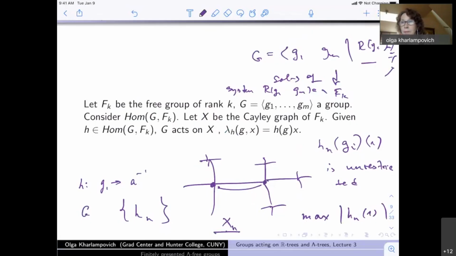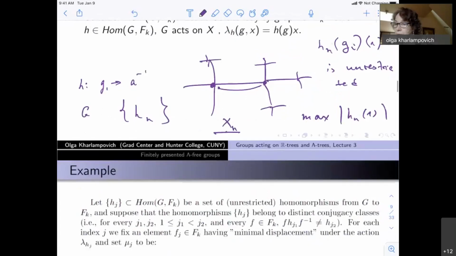You deal with solutions of equations, so you deal with the homomorphisms of groups into a free group, and the sequence of these homomorphisms converges to the action of the group on the R3. So I skip these slides.